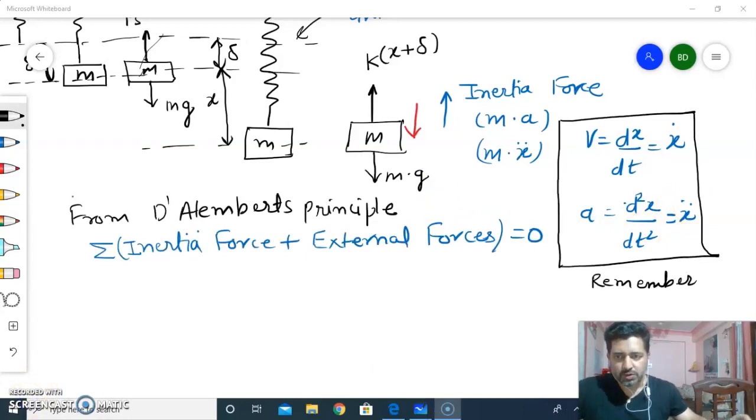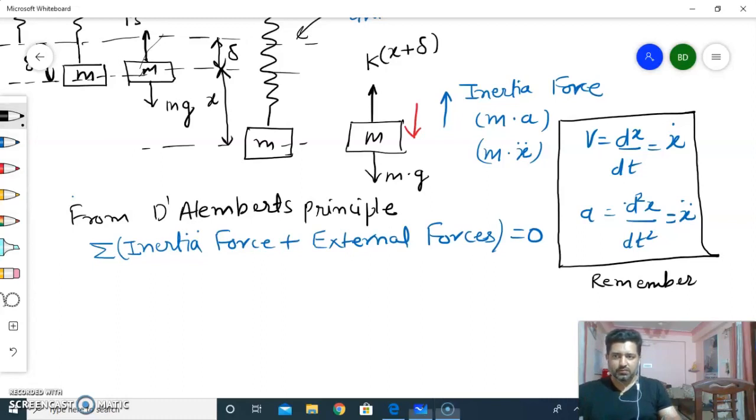So according to D'Alembert's principle, the summation of inertia force plus all the external forces equals 0. So we can write the equation.